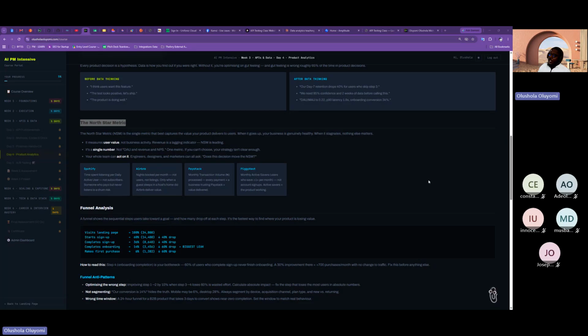So they want to know how much transactions they can manage monthly, right? Think about the amount of money that moves through Paystack every single month. We are talking of trillions in naira every single month. That's volume, right?